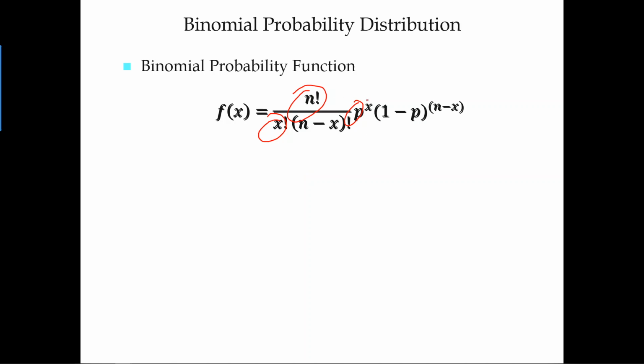So now let's look. N is the number of trials, P is the probability of success, and X is the number of successes. And f(x) is the probability. So after you read the case, you should identify the values for N, P, and X. Once you identify them, you will be able to calculate the probability.